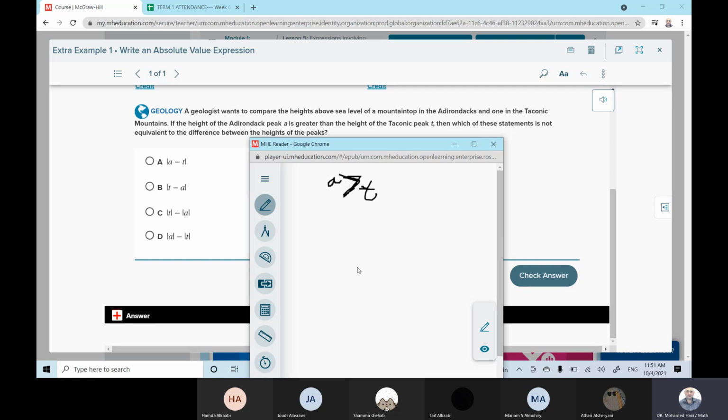We use the absolute value to keep the distance positive. So, is it A minus T between absolute value, or T minus A between absolute value, or the absolute value of T minus the absolute value of A, or the absolute value of A minus the absolute value of T? Who can tell me what is the right answer here? Adari said number A.